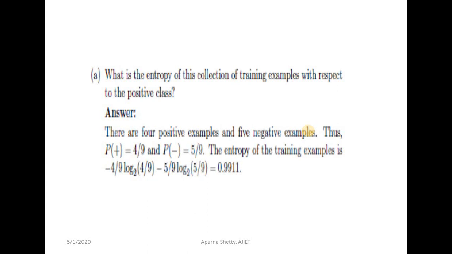First question they have asked: what is the entropy of this collection of training examples with respect to the positive class? First let me write the formula for entropy.